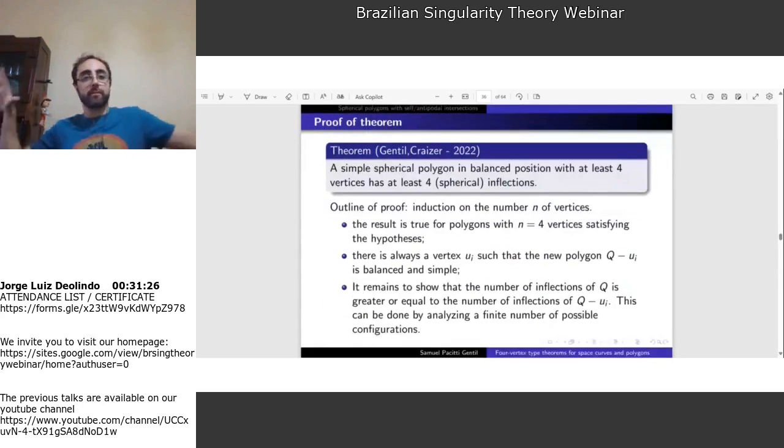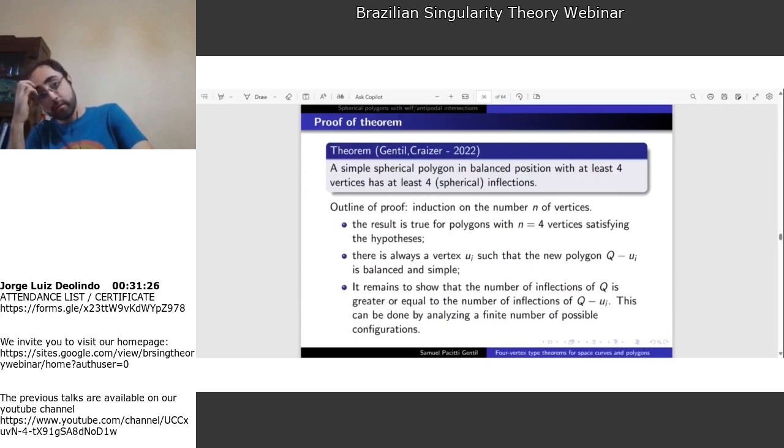So the outline of the proof of the theorem is the following, admitting the results that we have seen so far. Our theorem states that a simple spherical polygon in balanced position with at least 4 vertices has at least 4 spherical inflections. The proof is by induction on the number of vertices. We know that this result is true for polygons with exactly 4 vertices.